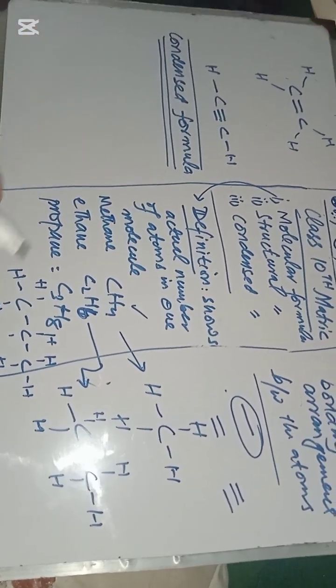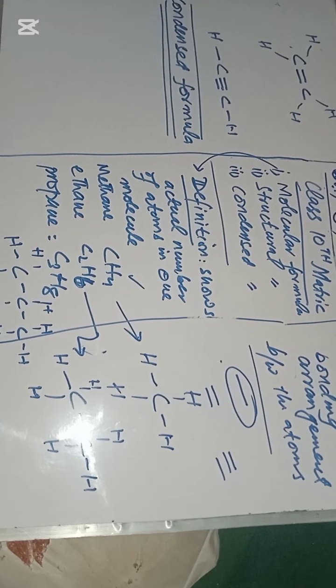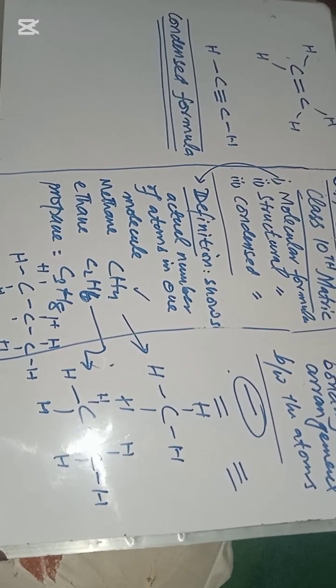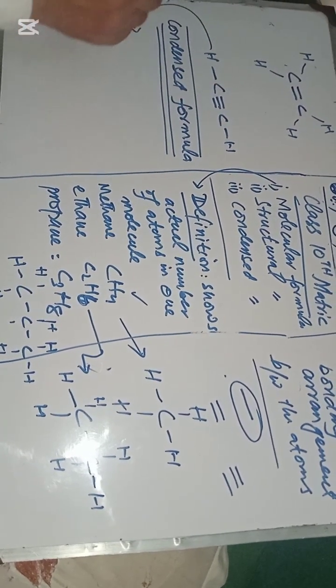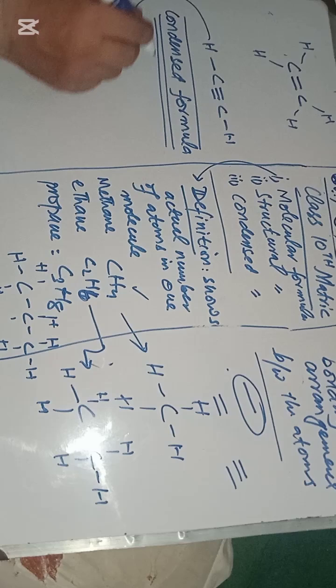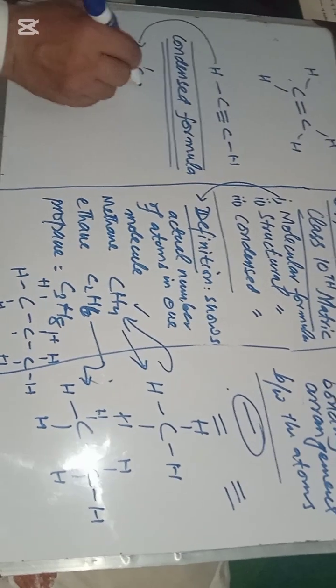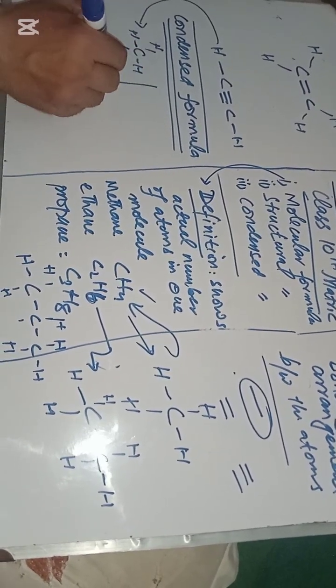The definition: the condensed formula is the formula where the groups of atoms are shown in order as they appear in the structure formula, but without bonds. This is shown with the bonds, and I am showing it in this form. Clear?